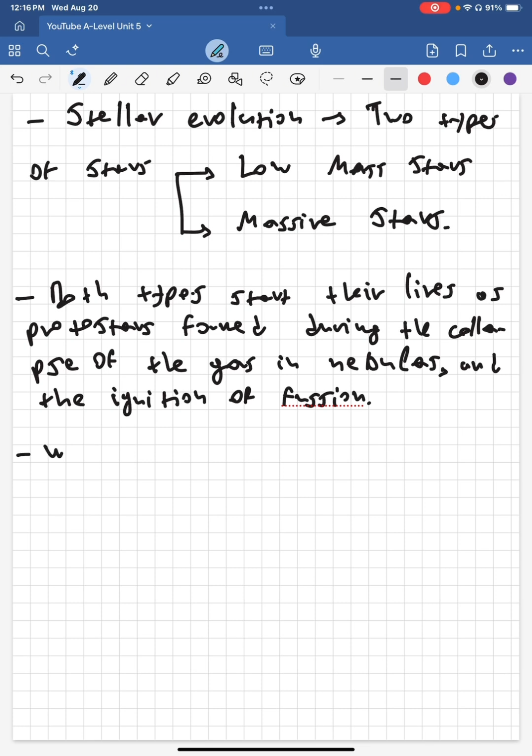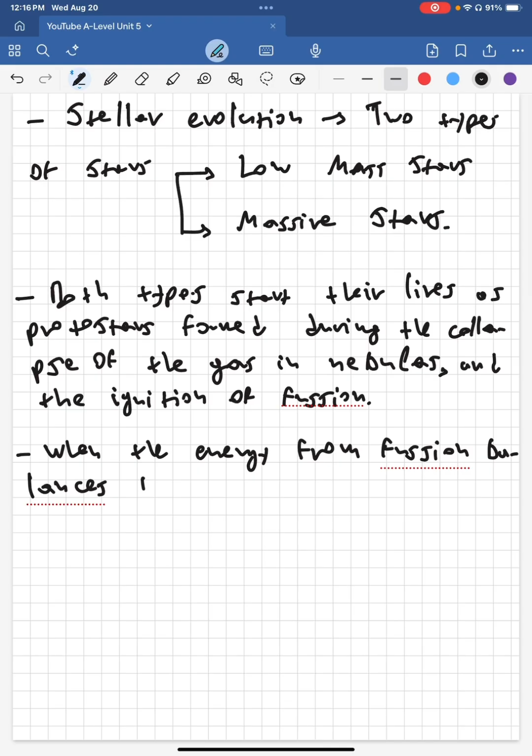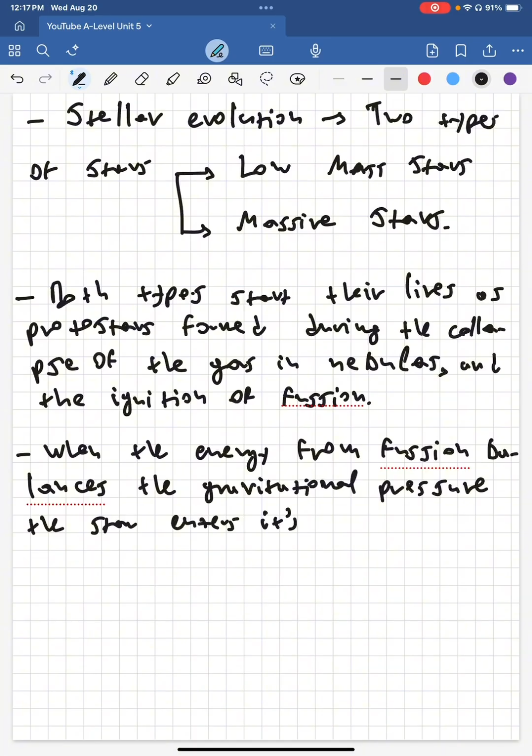When the energy from fusion balances the gravitational pressure, the star enters its main sequence phase.